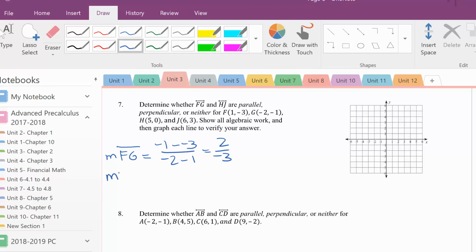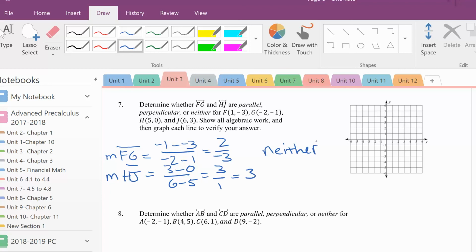And then the slope of HJ is 3 minus 0 over 6 minus 5. So it's 3 over 1, which is 3. So notice they're not the same, so it's not parallel, and they're not opposite reciprocals, so therefore it is neither.